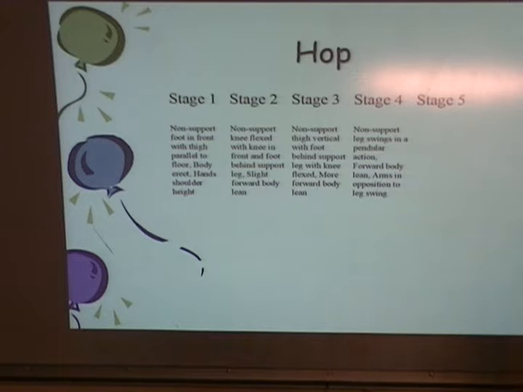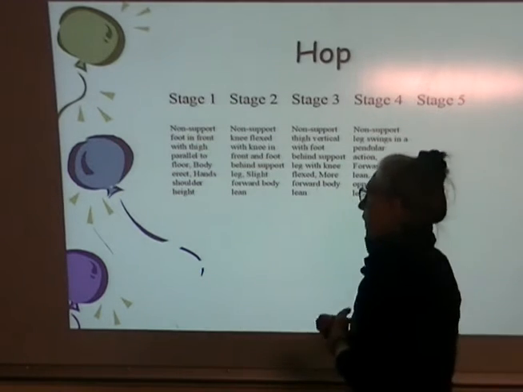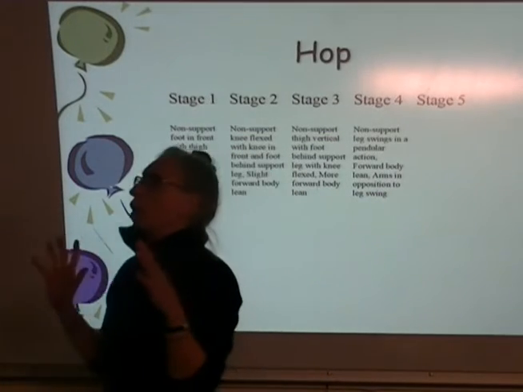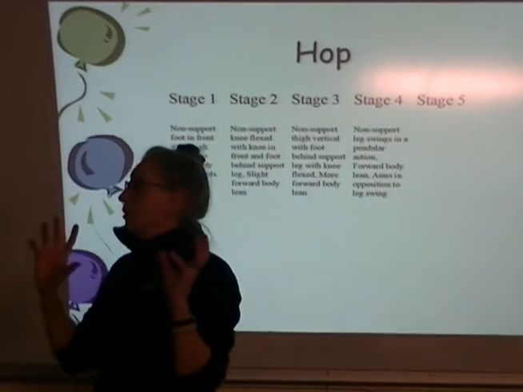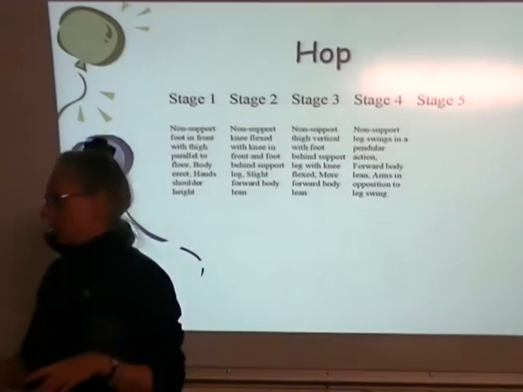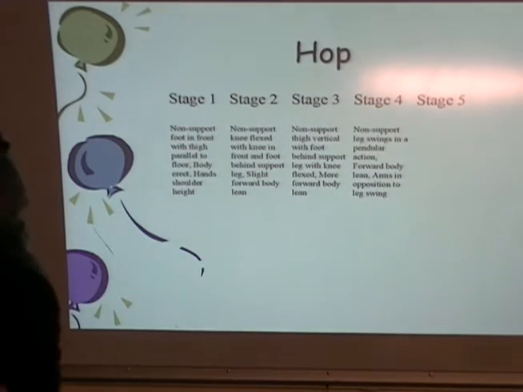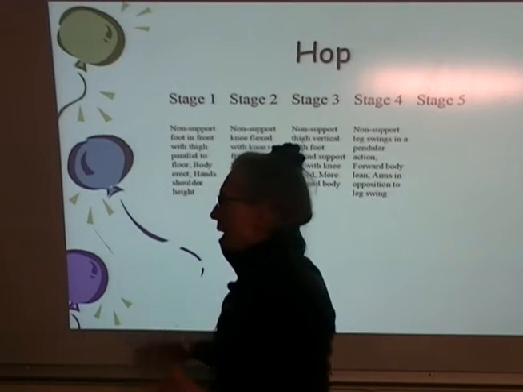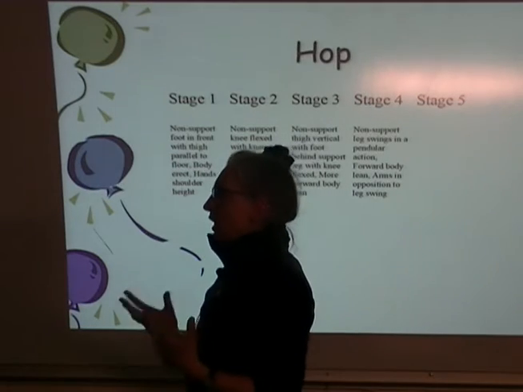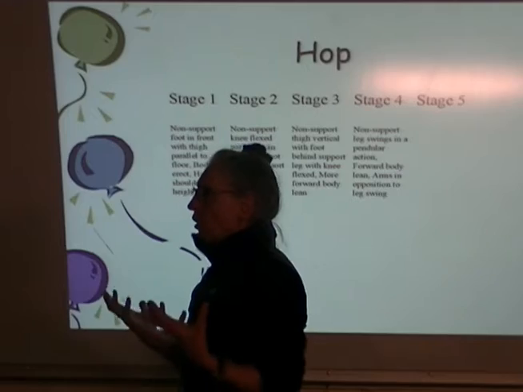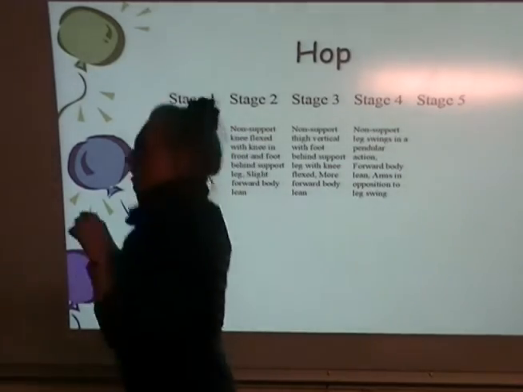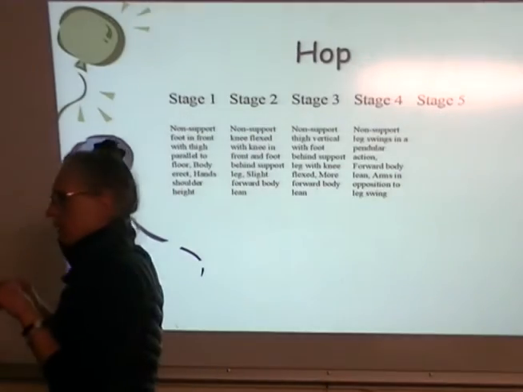So, hopping is another locomotor skill, and if you are US born and bred, you have to be a little bit careful with your terminology here, because in the US, teachers and parents often call this hopping, right?